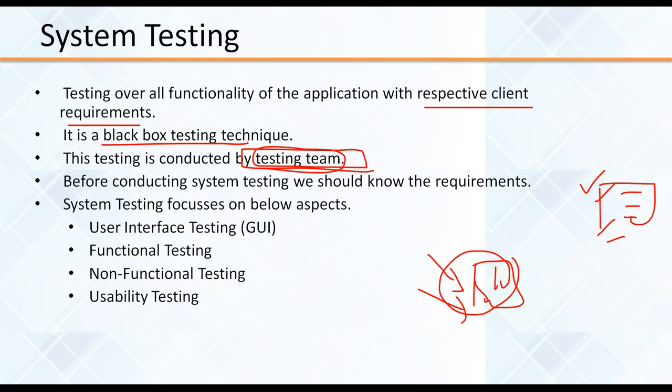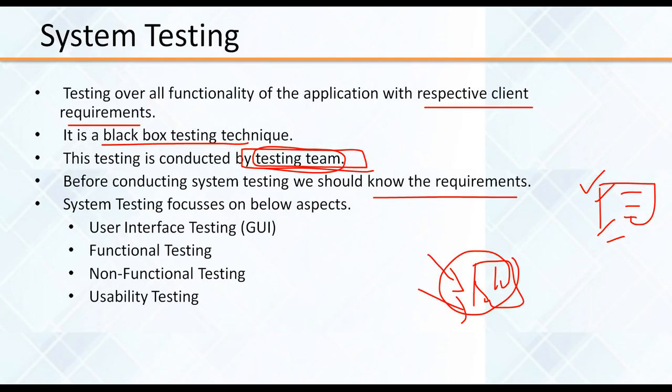So before conducting system testing, we should know the requirement. That is the input document, right? We don't know how the developers have done it, but how do we know how to test the software? If we know the requirement, then we can test the software.